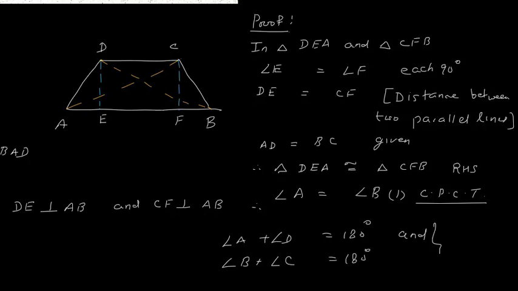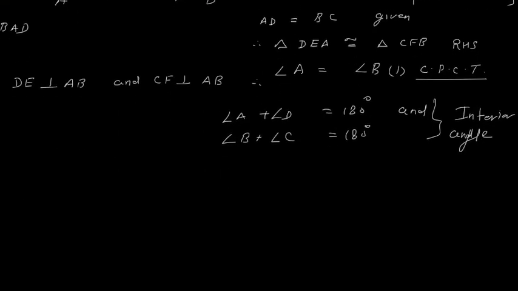This is interior angles. So if AB and CD are parallel, then their interior angles are supplementary, so their sum is 180 degrees. Now in 1 and 2 we have said that A and B are equal, and if their sum is 180, then angle C and angle D are equal. This is equation 2. So from 1 and 2 I will say that angle B is equal to angle C. This we consider as the third equation.